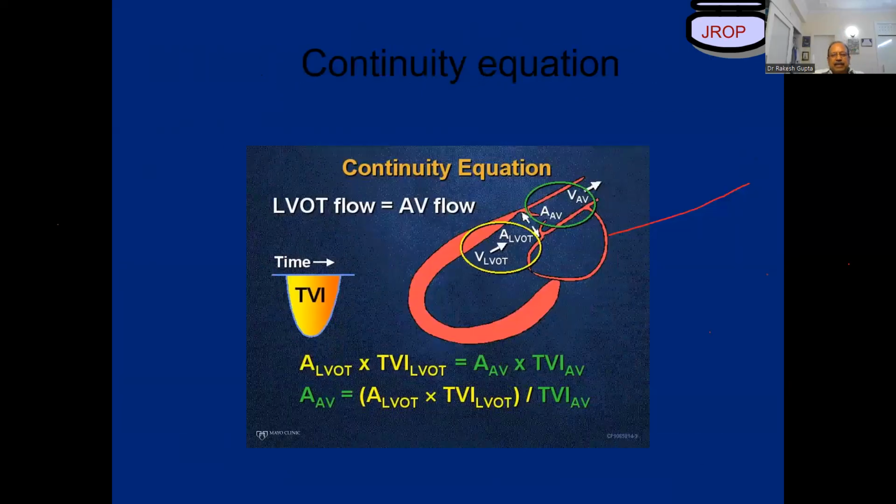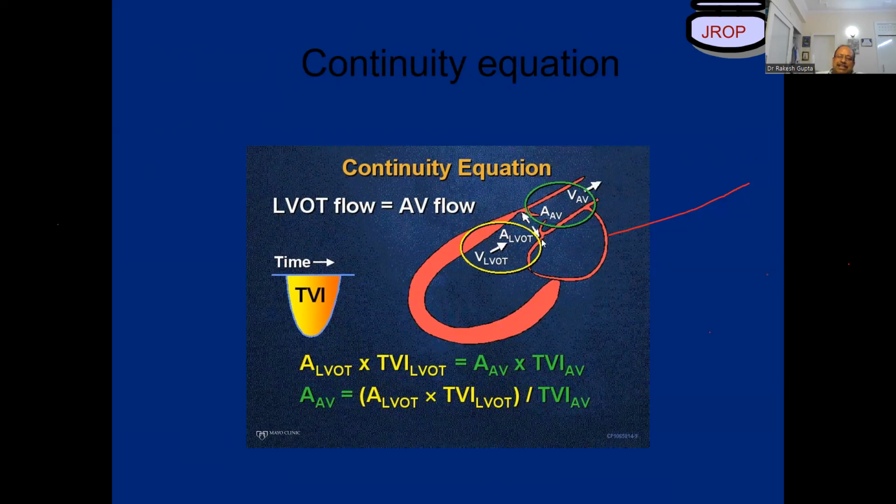Okay. So what we need in aortic valve area is an LVOT diameter, correct? Diameter divided by 2 gives the radius. Pi r squared is an area. So from the LVOT we get an area by pi r squared.